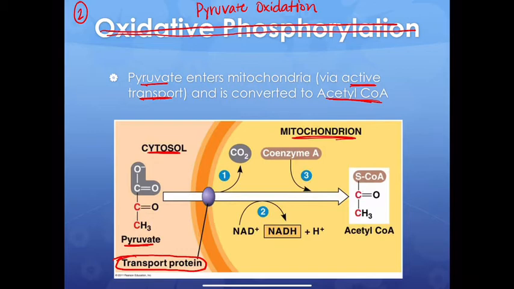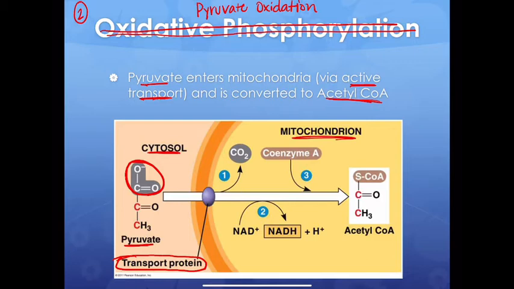So, yesterday I said something that was a little bit wrong. I told you that pyruvate, in the conversion to acetyl-CoA, lost an oxygen. And while that's partly true, what it really loses is carbon dioxide. Okay, carbon dioxide is really what's being lost here.